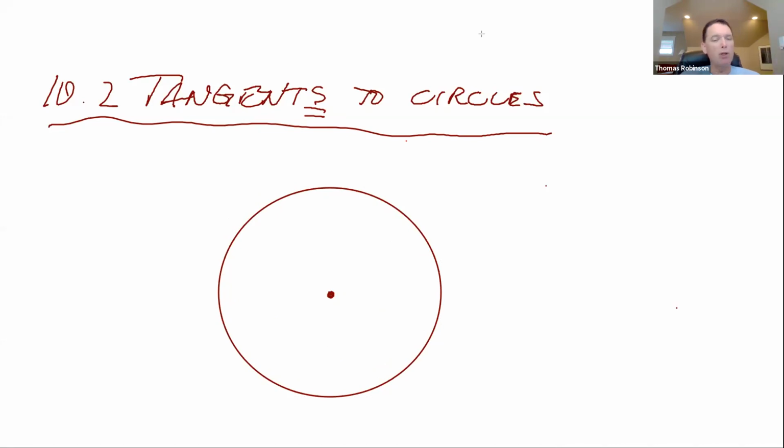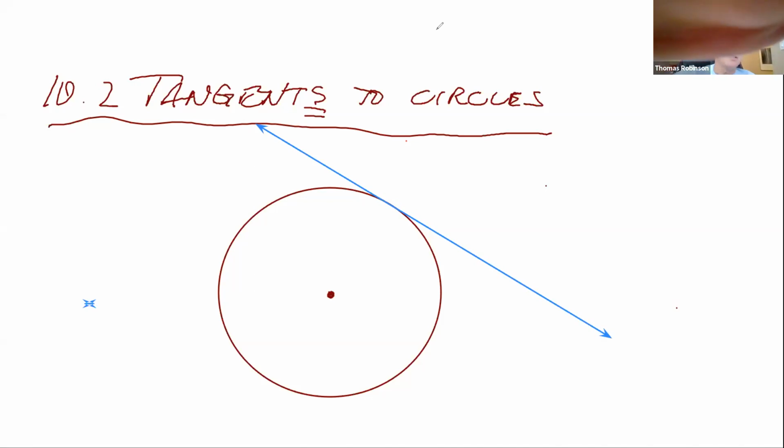What do you think that would look like? You can probably imagine what a line would look like if it touched the circle twice. It just goes right through the middle or on the inside. What would it look like to touch only once? It would look something like this. And I won't delay the excitement. That's what a tangent line looks like.